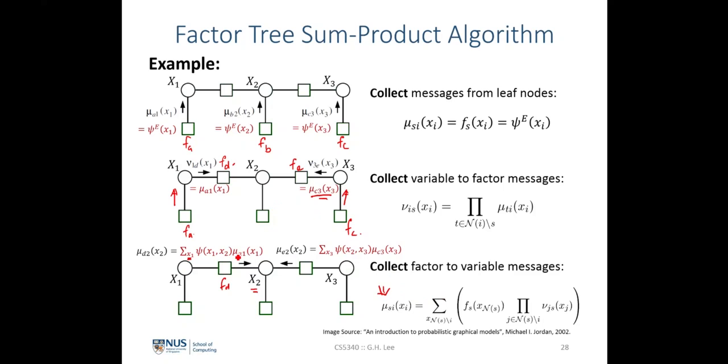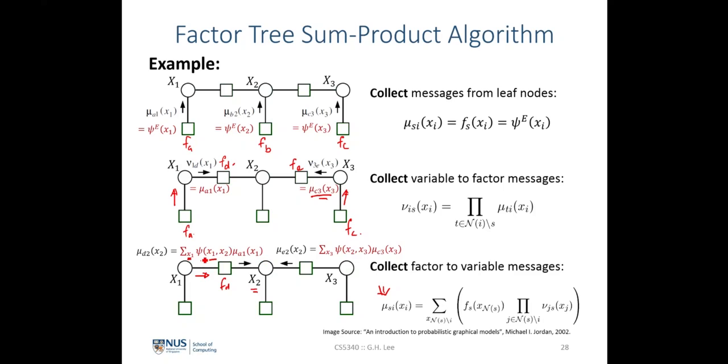as defined by this message passing protocol that we have defined earlier on here. And now in this case here, we can see that this message would consist of this marginalization over here. It would be over the potential that is in the factor, which is the potential over x1 and x2, multiplied by the message that we have computed earlier from the random variable node to the factor node of fd, which is given by mu a1(x1).